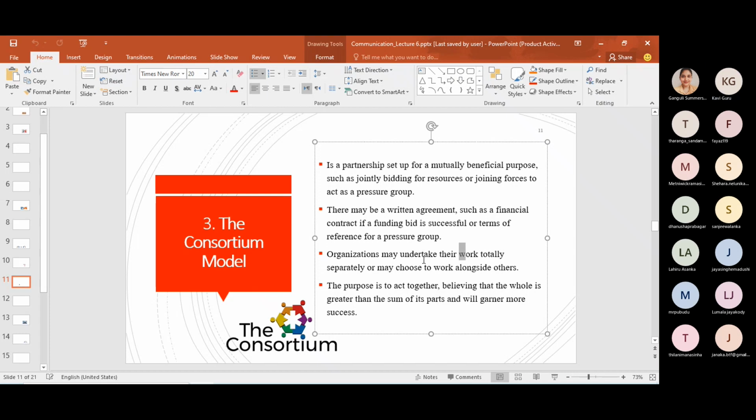They are also working towards the same goal, but the difference is they work kind of separately. Okay, so the same thing applies here. Organizations in a consortium model can work alongside others together also, and they can work separately as well. So here, by working separately, what I meant is following the same goal and working separately.